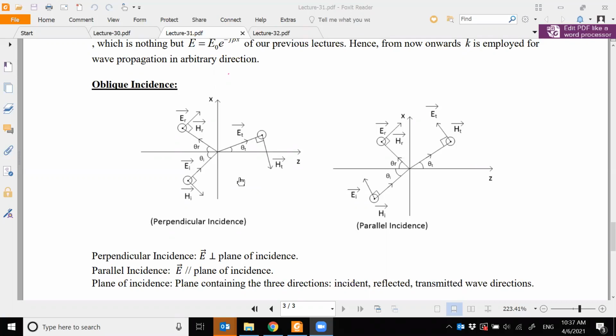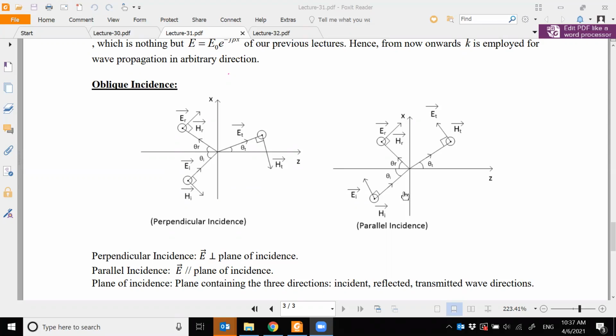Then you can use the expressions that we derived and apply them, and you can find the reflected field amplitude for that particular component. And then you can find the reflected field amplitudes for these particular components. Correct? Clear?